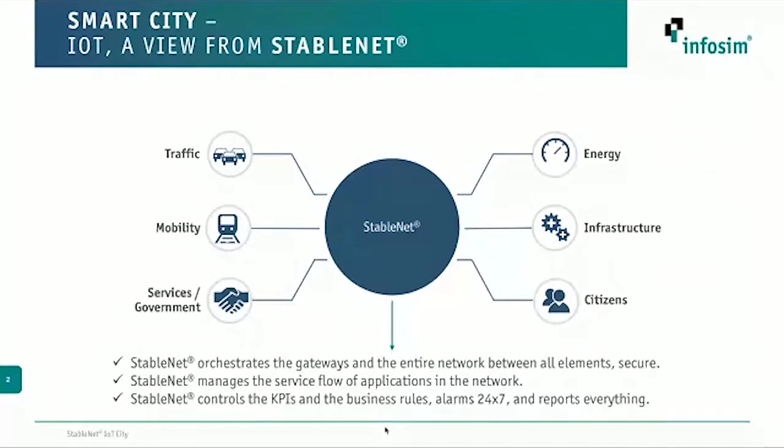They look at traffic, energy, infrastructure, and the mobility environment. When is the train in the train station? When is the bus coming? And they have government services, security services like intelligent cams and intelligent streetlight systems.